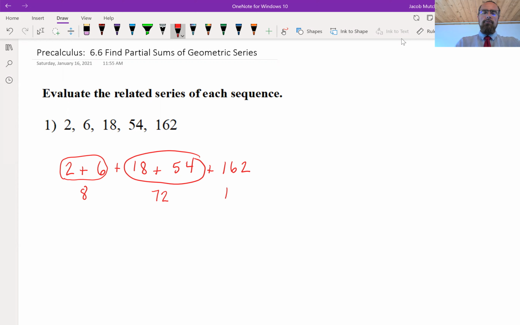And 162 is a spare value. So 8 and 72 are 80. So 162 plus 80 is going to give us 242. And with the simplest of geometric series like this one, you can just add up the values.